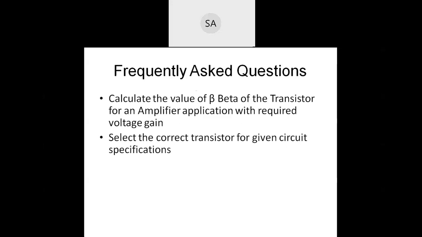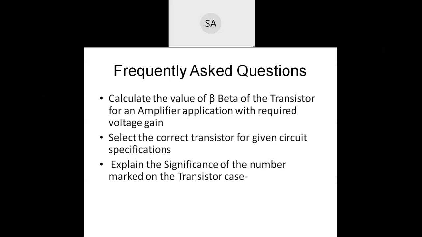For which applications we are using which transistors, you have to identify, and explain the significance of the number marked on the transistor case. The first letter indicates the type of material: A means germanium, B means silicon devices, C means gallium arsenide devices, D means indium antimonide.